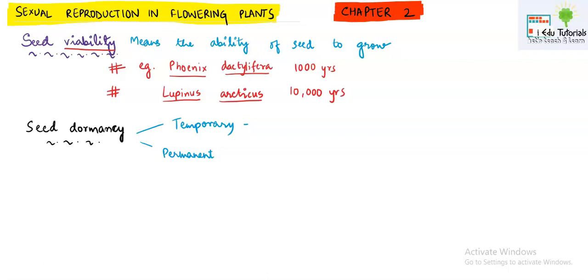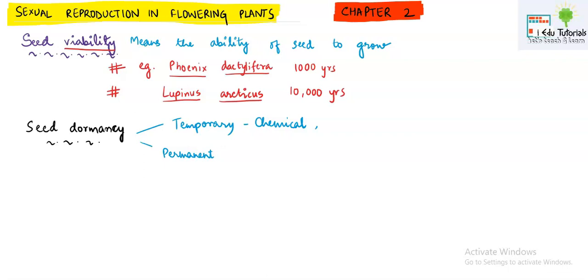Once the factor which has caused the dormancy is removed, dormancy will change into seed viability. So if certain chemicals are there in the seed coat or inside and we dip these seeds in water for quite some time, then these chemicals are liberated in the water and the seeds become viable.